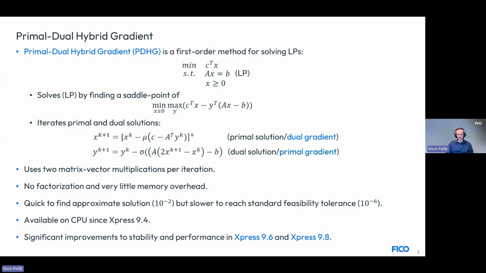And the beauty of this algorithm is really that it has no factorization. It has two matrix-vector multiplications per iteration. Once we need to multiply by A, and once we need to multiply by A transpose. The rest is very quick operations: vector products, vector updates, norms.